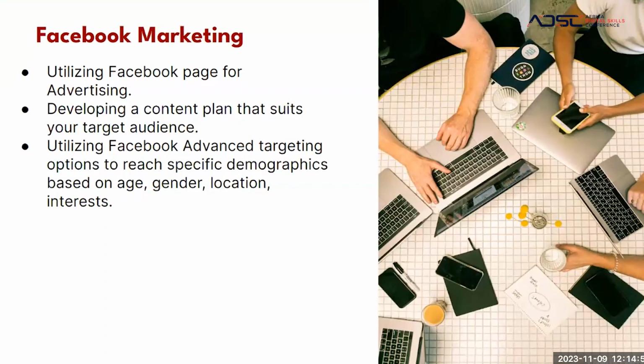So if you're a business based in Kumasi, or you are even in Accra and you have a branch in Kumasi, and you want to promote your business or services to those who are in Kumasi, you can use Facebook advanced targeting to target that location and say, what I'm posting, I want to show it to people only in Kumasi. Facebook allows that advanced targeting, specific demographics based on age, gender, location, and even interests.